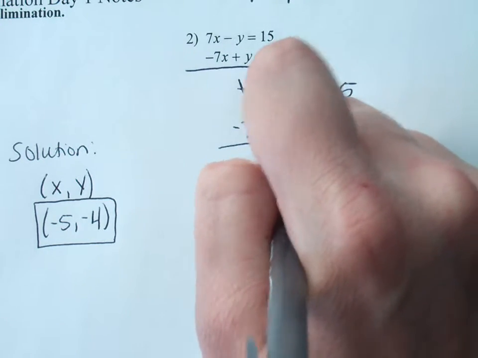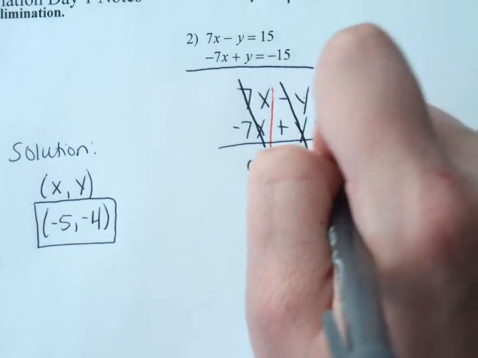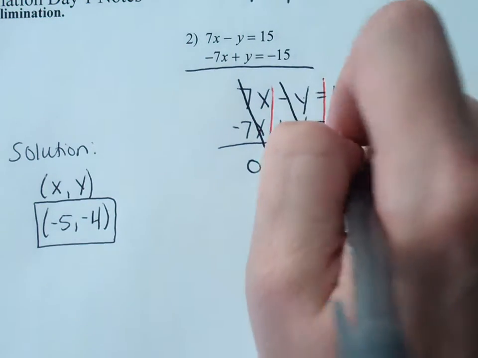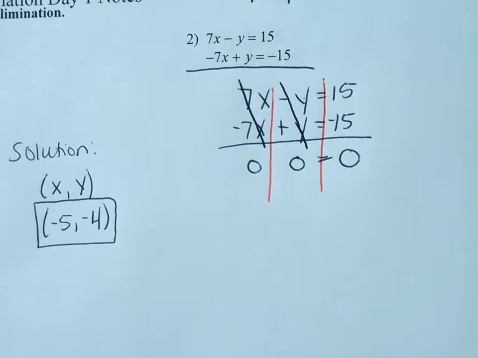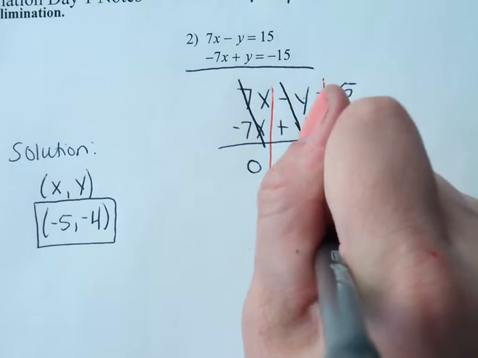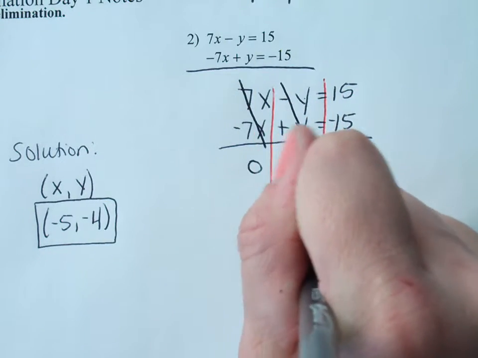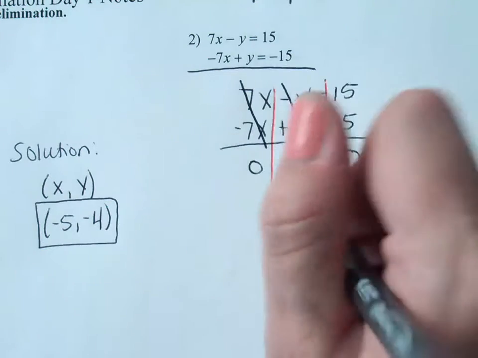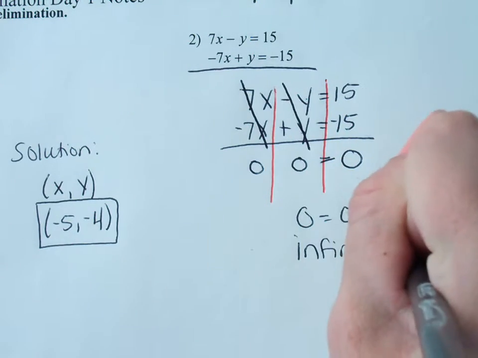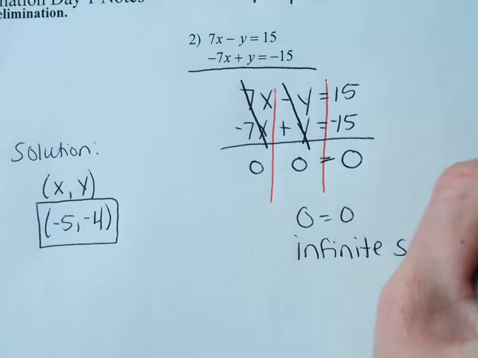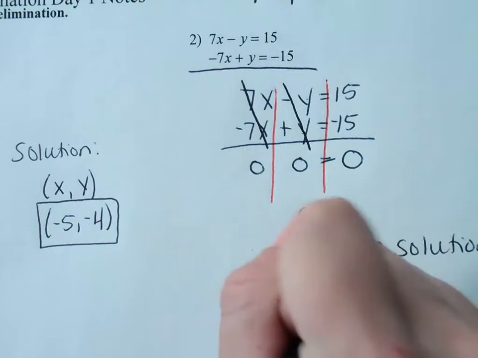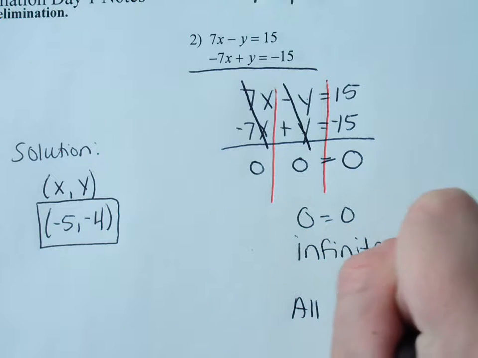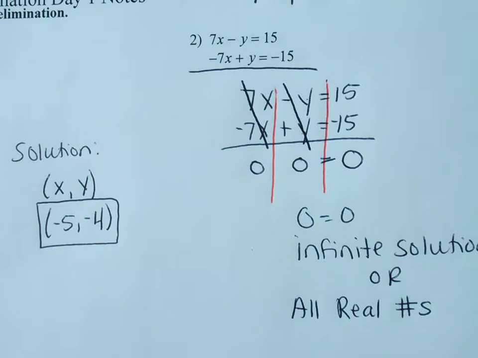That leaves me with nothing. And 15 minus 15 is also nothing. So we have 0 equals 0, which is infinite solutions, because 0 does equal 0. And we also know that infinite solutions is all real numbers.